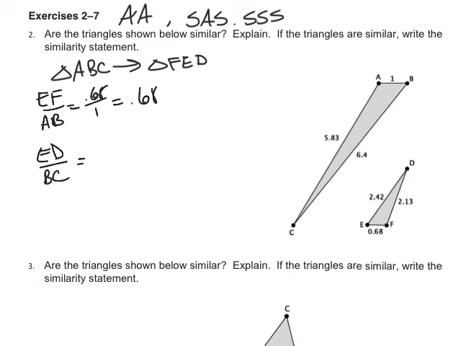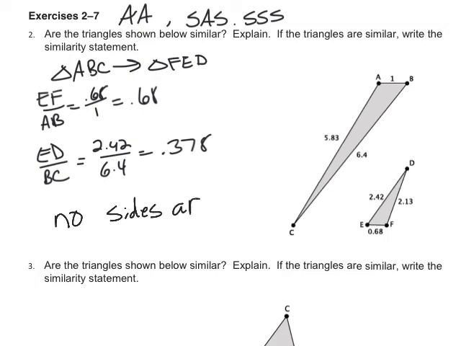And if I do that, that's 2.42 over 6.4. Well, here's what happens. 2.42 over 6.4, that's only 0.378, so we can stop right there. We don't have the same ratio between corresponding sides, so this is a no. The triangles are not similar because the sides are not proportional. They look similar, but you really have to go through the math to prove it. So we can't use any similarity correspondence.